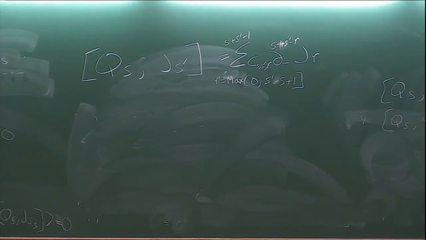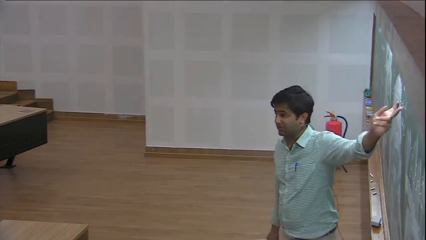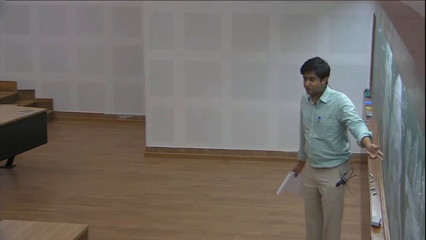But just to repeat the general idea: we know the allowed forms of the 3-point function in terms of these variables alpha, beta, and gamma. And we know the action of charges in terms of these variables, the C's, and we have this equation, Q acting on this 3-point function is 0.